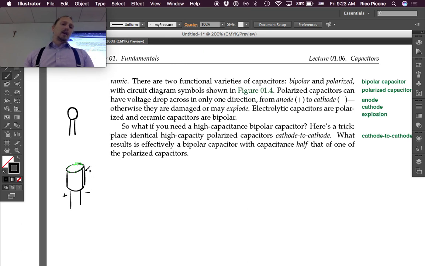And sometimes you'll also get these nice little minus signs on the side that look like a highway, pass with care, that kind of thing. And then these ones are bipolar, so they don't have that polarity to them.